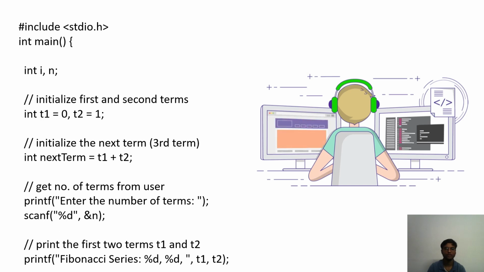Now get the number of terms from the user: printf("Enter the number of terms"), scanf("%d", &n). Print the first two terms, t1 and t2: printf("Fibonacci Series: %d, %d", t1, t2).